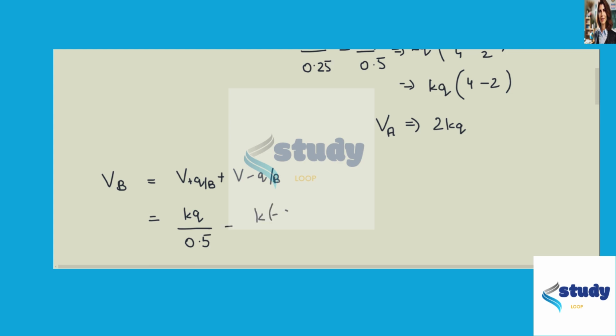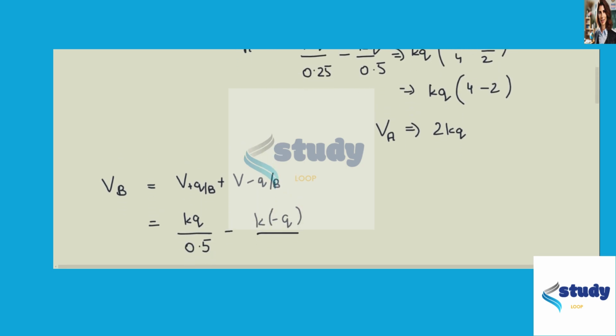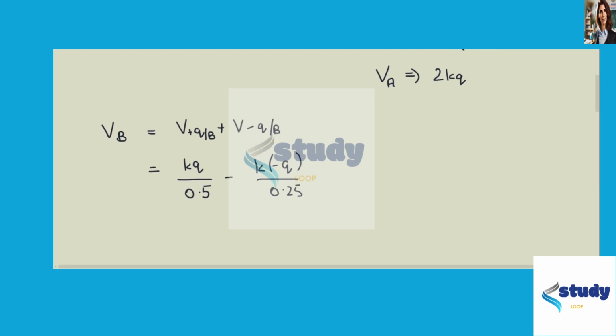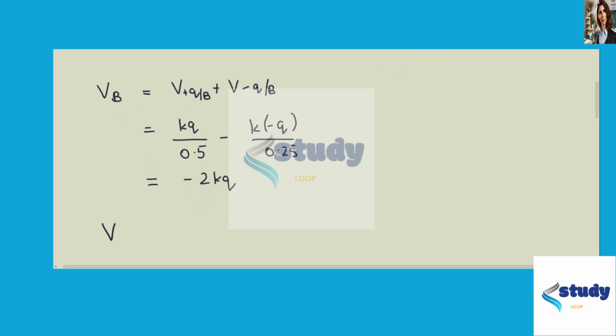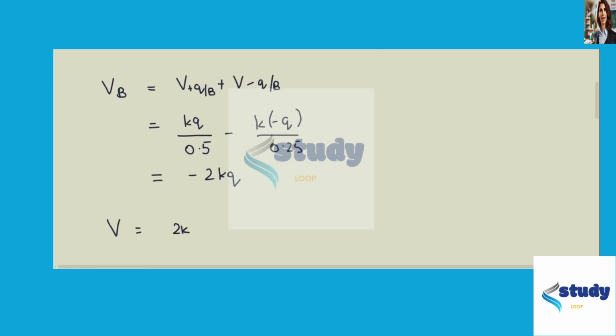The negative charge has a charge of negative Q that is separated by a distance of 0.25 meters, and what we're left with after simplification is negative 2 KQ. So our reading on the voltmeter is the potential at A, which is 2 KQ, minus our potential at B, which is negative 2 KQ. That is just equal to 4 times KQ.